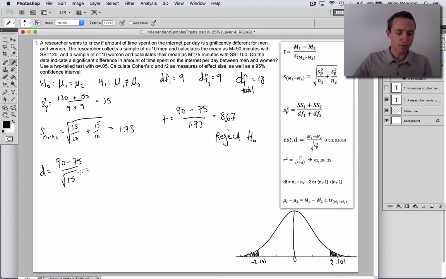Looks like a value of 3.88. Very large. So there's a very large difference in internet usage according to this data between men and women.